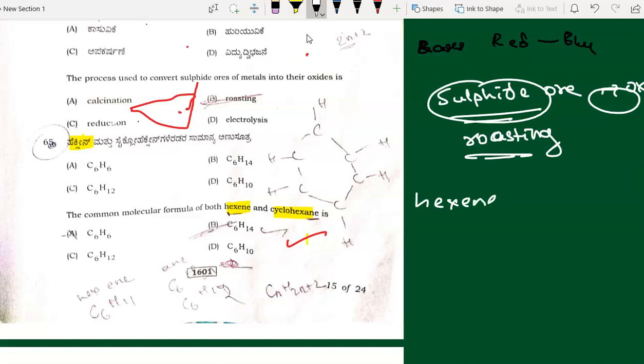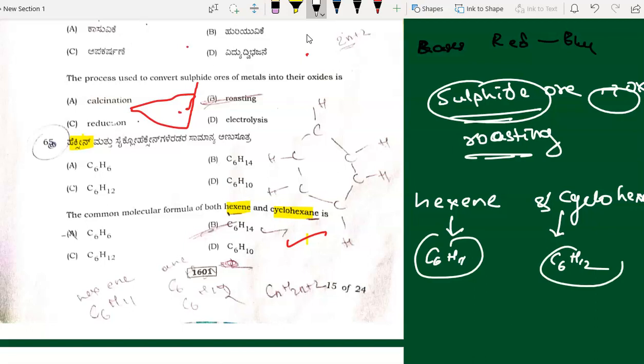Hexene is different, and cyclohexane is different. Its molecular formula is C6H12 and the other is C6H11. So the molecular formula is completely different.